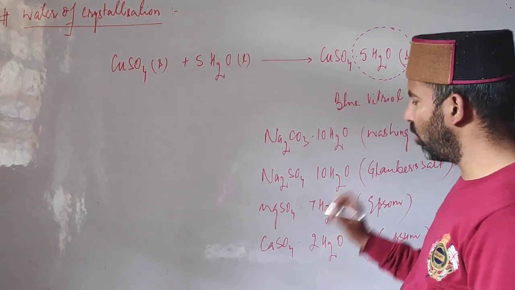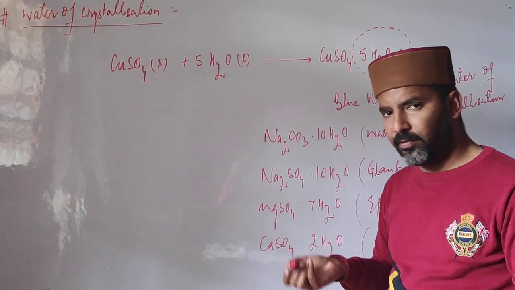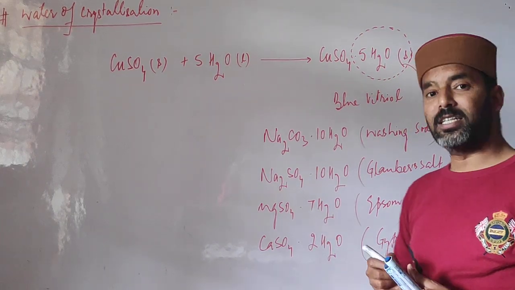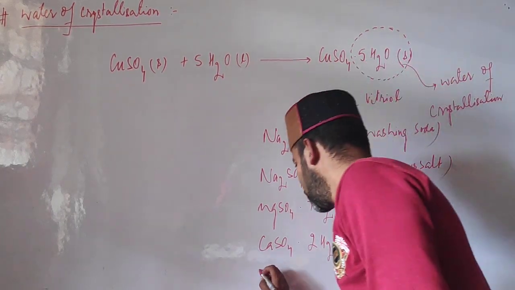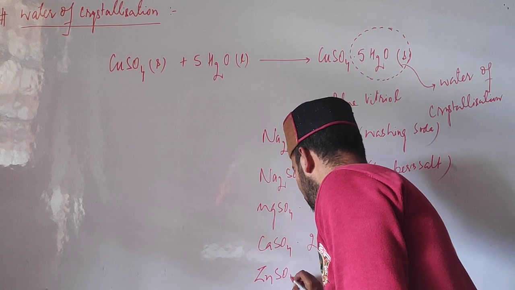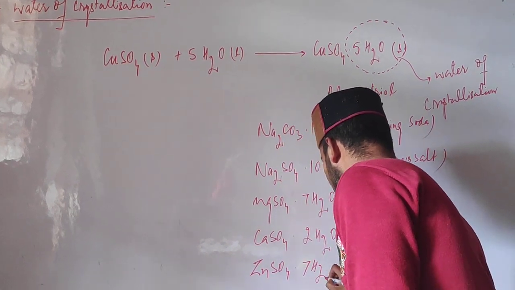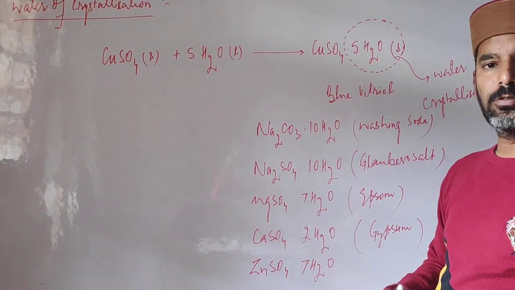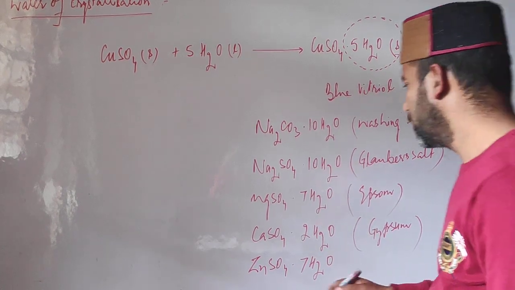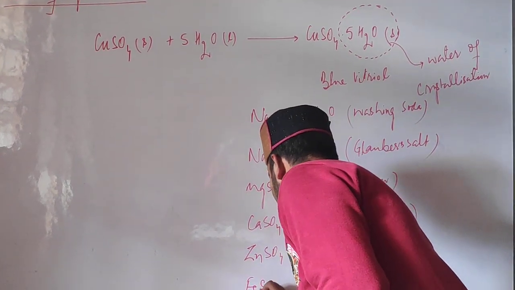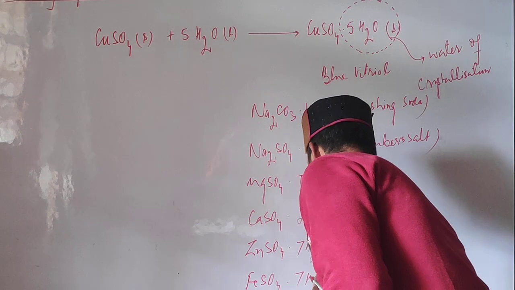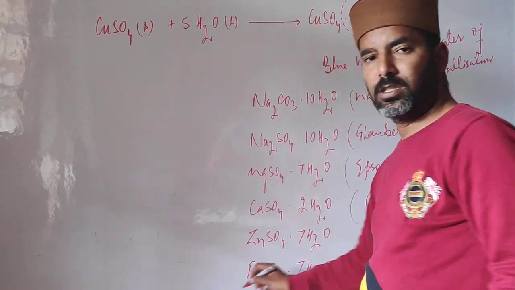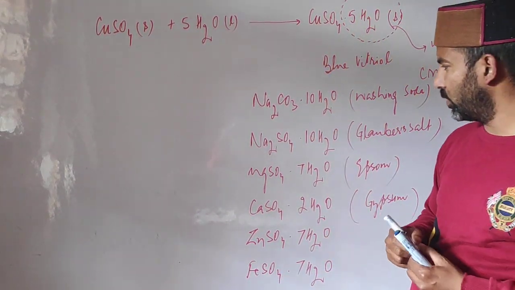There are many salts, like we have learned earlier, zinc sulfate crystals, which is called white vitriol. They have 7 water molecules as water of crystallization. Then we have ferrous sulfate crystals, green vitriol, which also have 7 water molecules of crystallization.